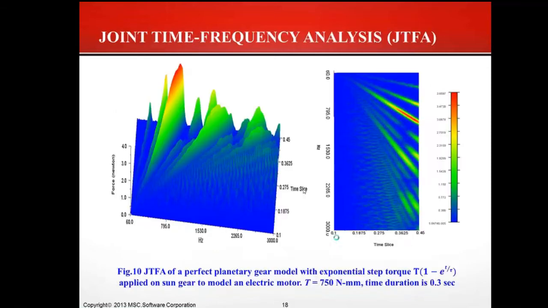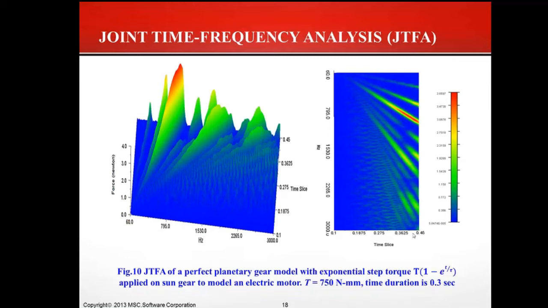Okay, now we will talk about the joint time frequency of the gear system. This is a perfect gear. What we did is apply an exponential step input, with a torque of 750 Newton millimeters and a duration of 0.3 seconds.